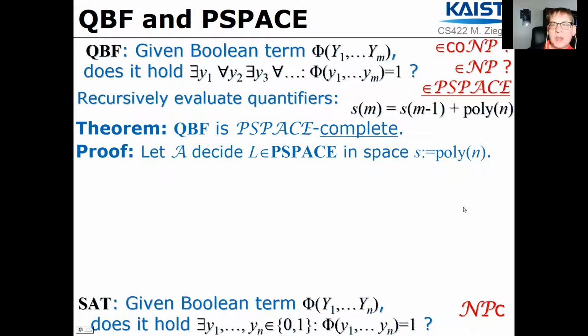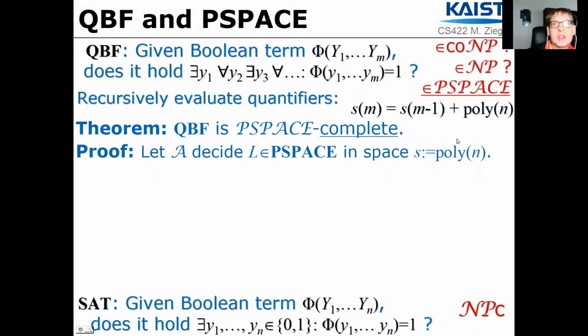Right. So suppose we have an algorithm, a WHILE-plus program, that decides the decision problem L, which is supposed to belong to PSPACE, in a polynomial amount of memory, specifically in this amount of memory, where poly is an abbreviation for some arbitrary but fixed polynomial. And now we need to do a master reduction.